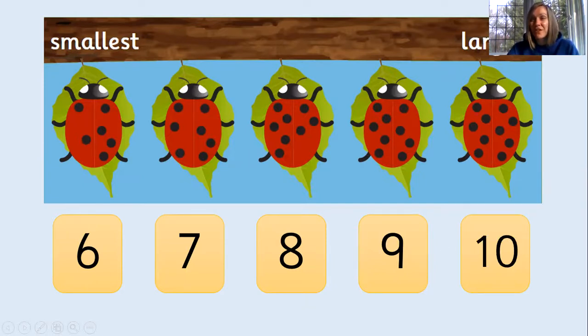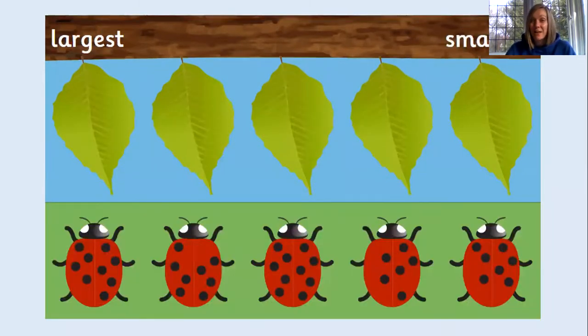Okay, if you wrote those down on your whiteboard, rub them off now and we're going to have one last go. But here comes your warning because I've changed something. This time, you've still got ladybirds and you still need to count their spots to find out how many there are. But have a look. This time, I want you to order it from the largest number to the smallest number.